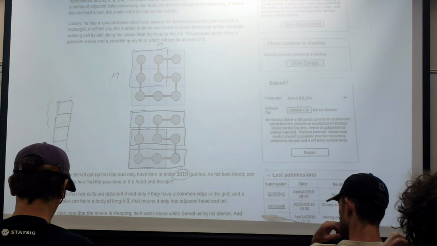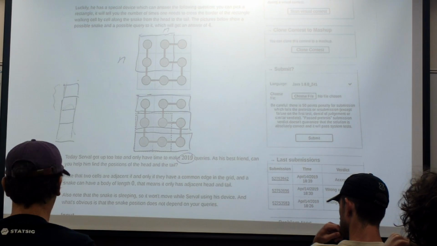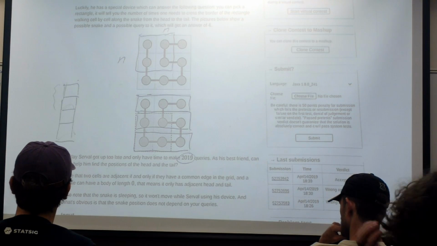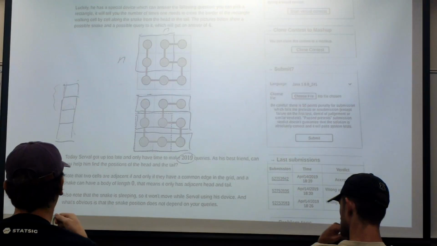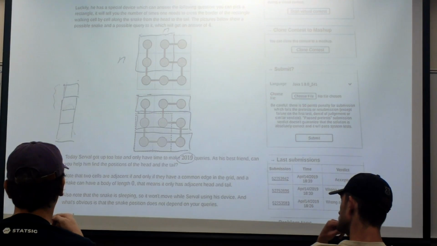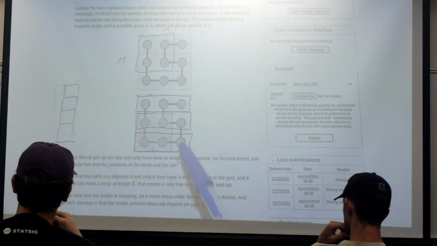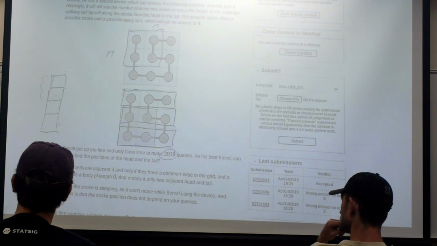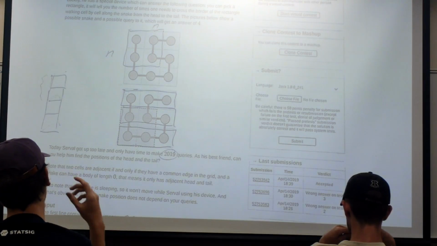Okay, actually this is 2019 queries, can we think about how we can reduce this by almost half? Can you guess every other row and column? Well, not exactly, because if you do that, then let's say you don't find anything.